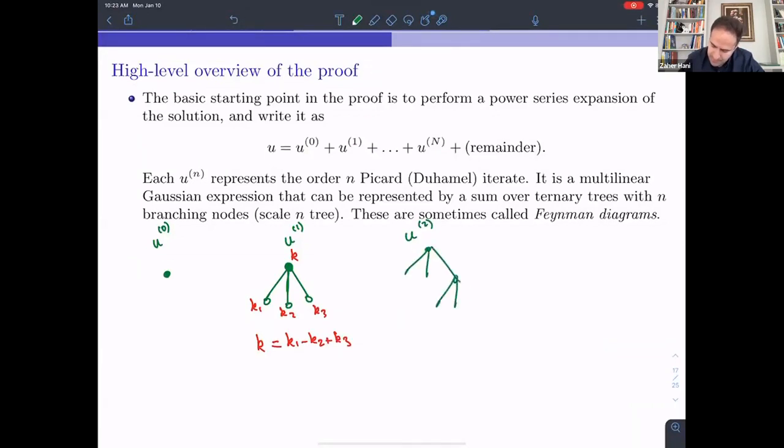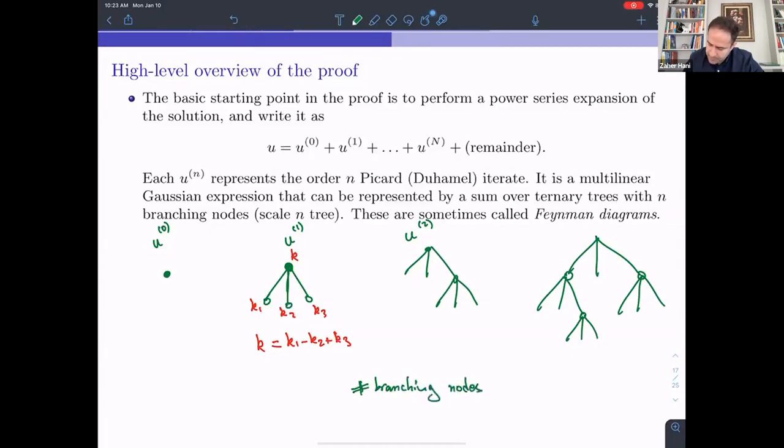For example, for u2, you would have a tree that has 2 branching nodes, for example something like this. And in general, you would have a tree that has many branching nodes. The number of branching nodes is what we call the scale of the tree.